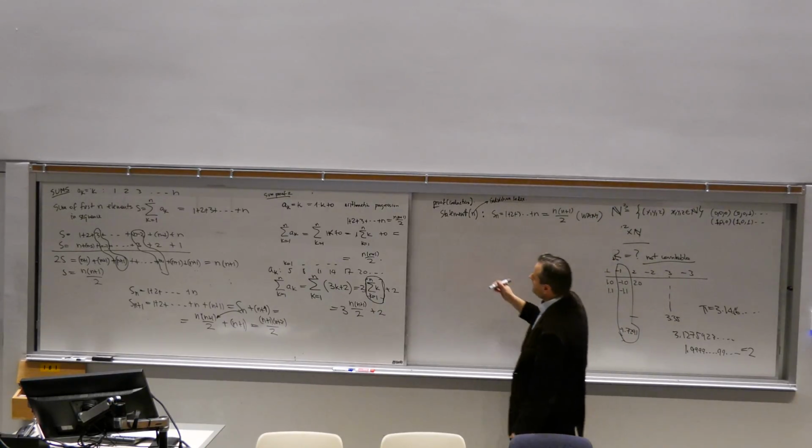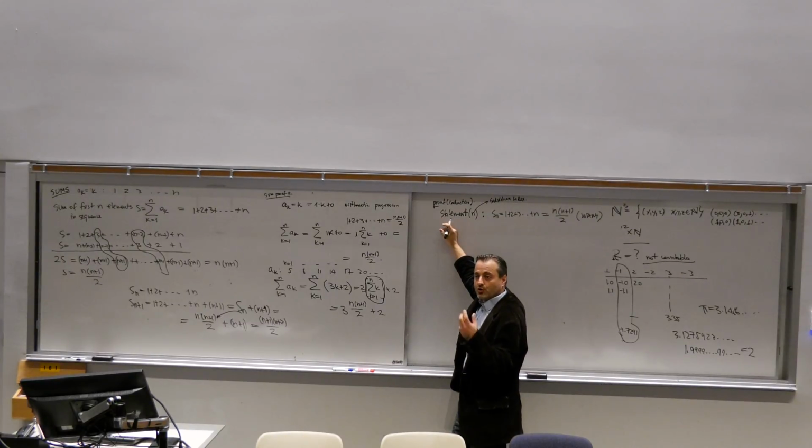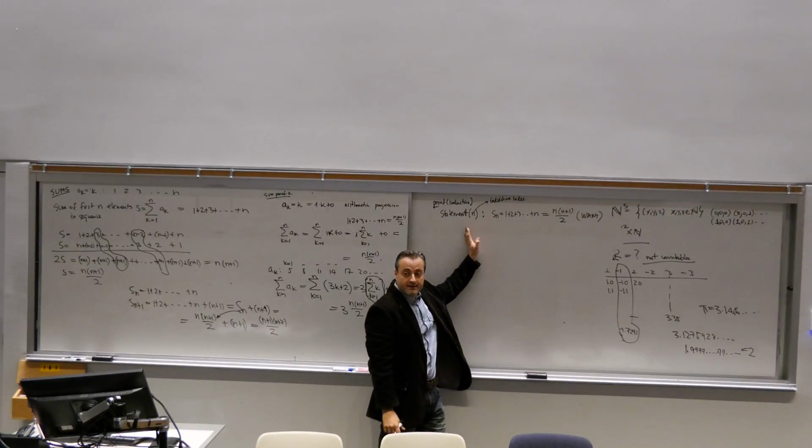Now, this statement, logically speaking, is a true or false thing, right? This is either true or false, and there is theoretically the possibility that it might be true for some n's and not true for other n's.